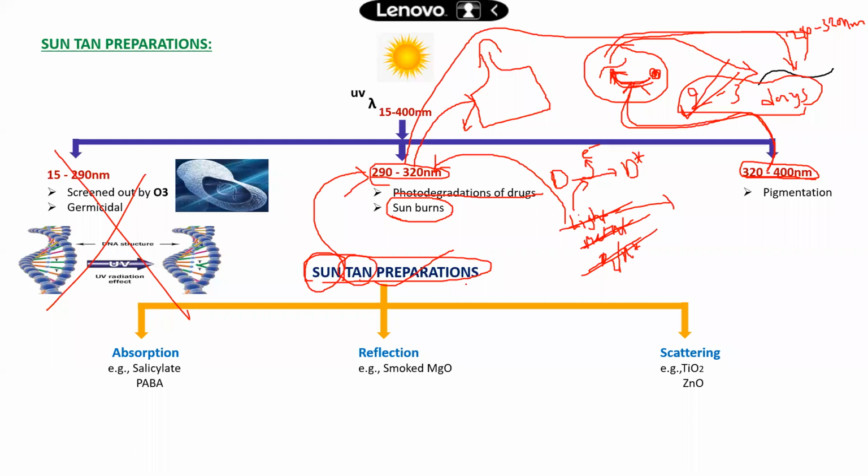Sir, how can this cosmetic preparation protect your skin surface from 290 to 320 nanometer? By three mechanisms: either absorption, reflection, or scattering. First we will go for the absorption mechanism.